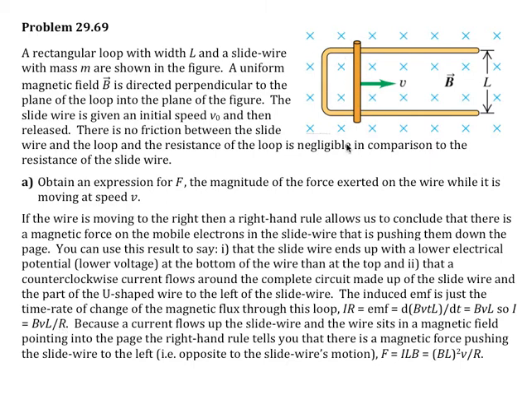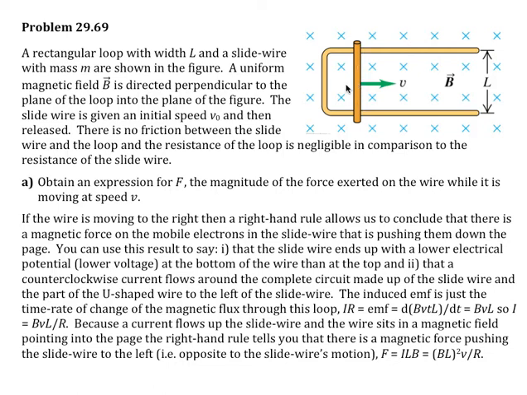The current goes counterclockwise around this loop. Now, a current that goes up this wire in a magnetic field is going to give you a force on the wire. Current goes up the wire, magnetic field points into the board. Using the same right-hand rule, but now for this current, we find a magnetic force to the left on this slide wire.